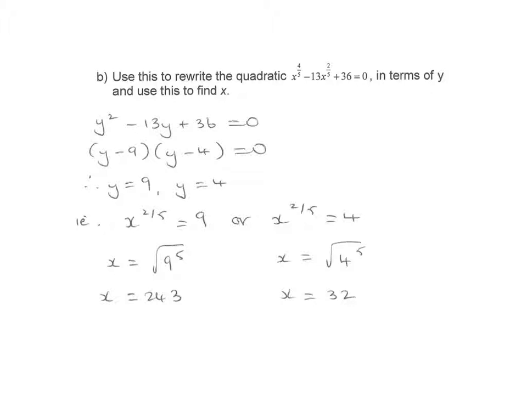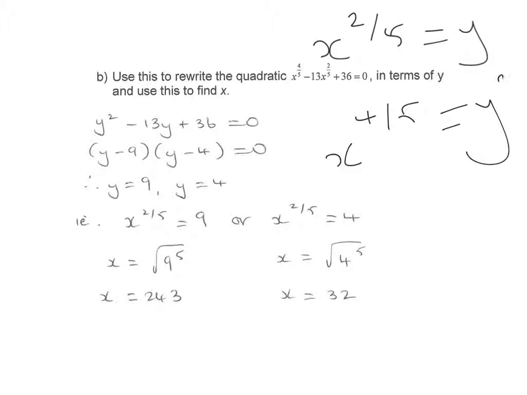Okay, part B of this example then is going to follow on from part A. We're trying to write this quadratic equation in terms of y and then also use it to find the value of x. So if you remember from part A, x to the power of 2/5 was equal to y, and I then was able to work out that x to the power of 4/5 was equal to y squared.